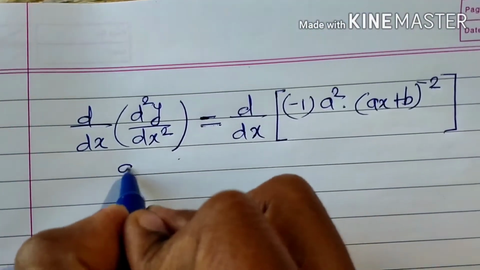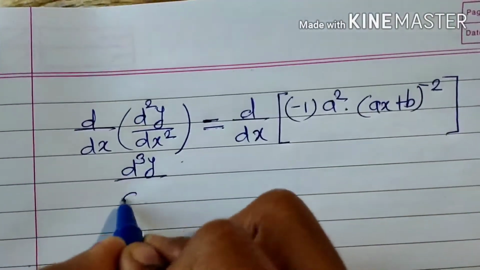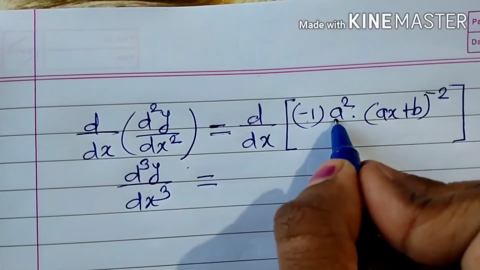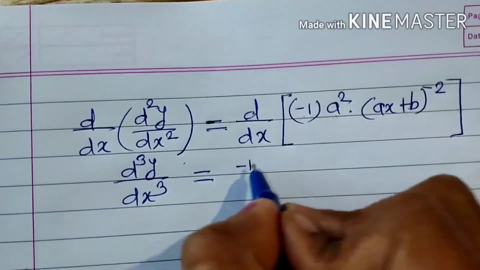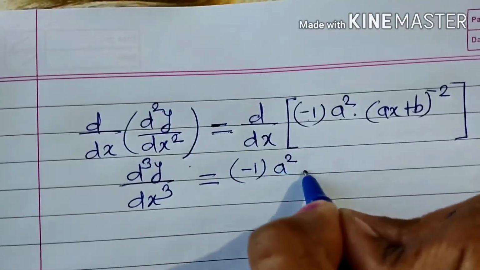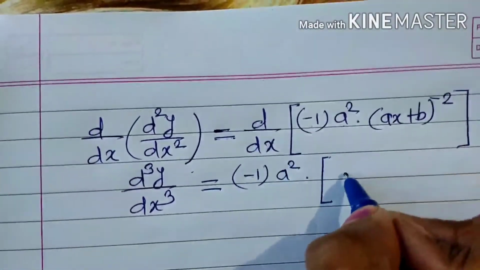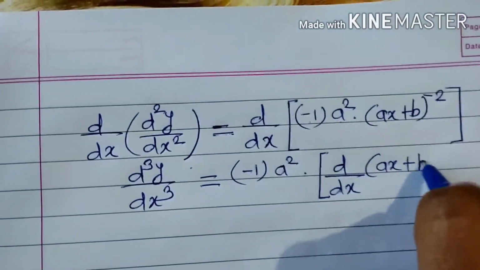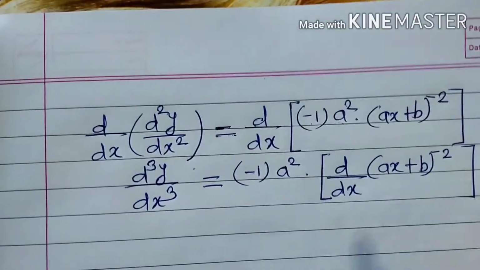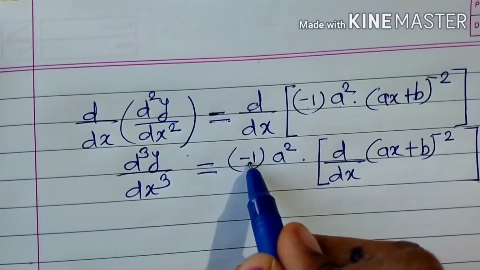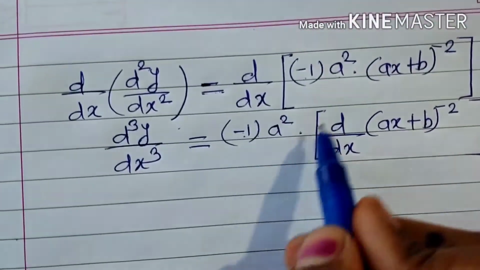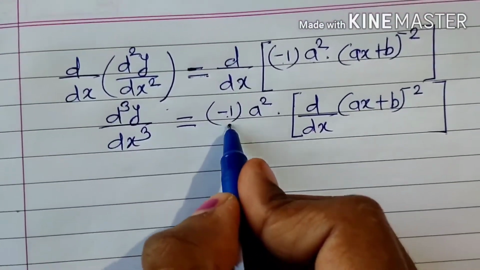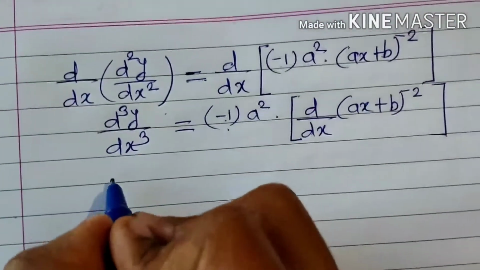So this will become d cube y upon dx cube, successive differentiation. Minus 1 into a square is constant, take outside and apply this derivative, d by dx of ax plus b raised to minus 2. Please don't write here minus a square because we have to observe each and every term. So keep this minus 1 as it is.